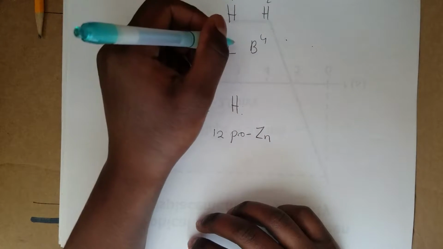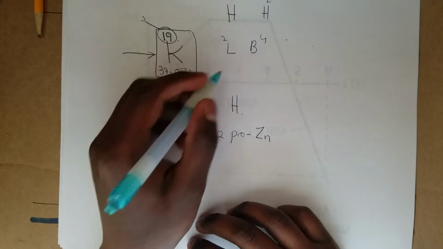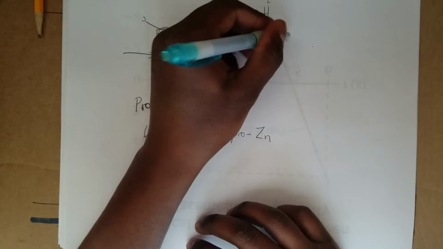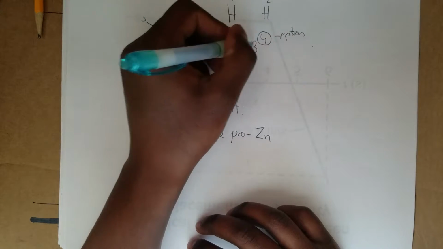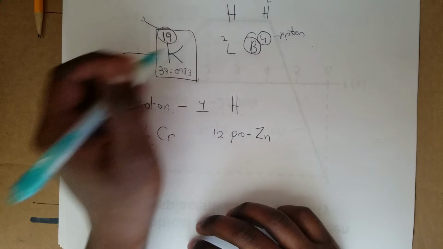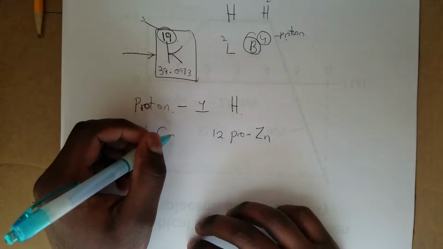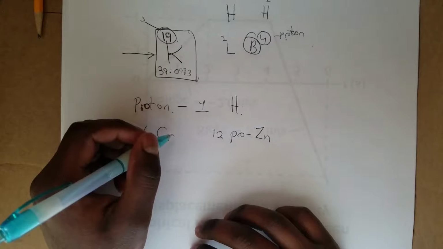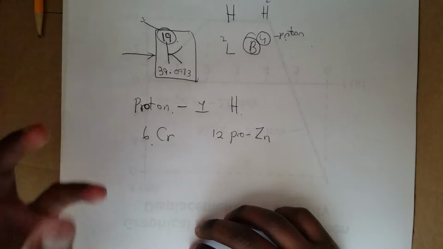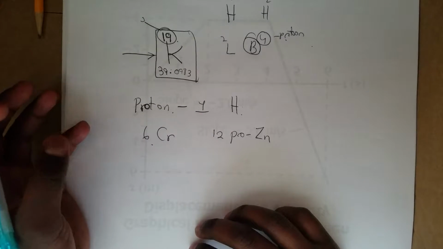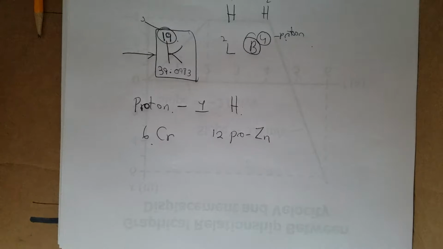Each element has a different amount of protons, so the number of protons an atom has is the type of element you get.